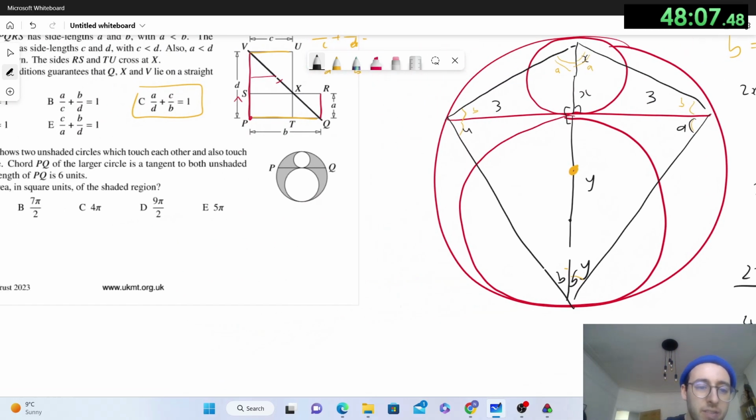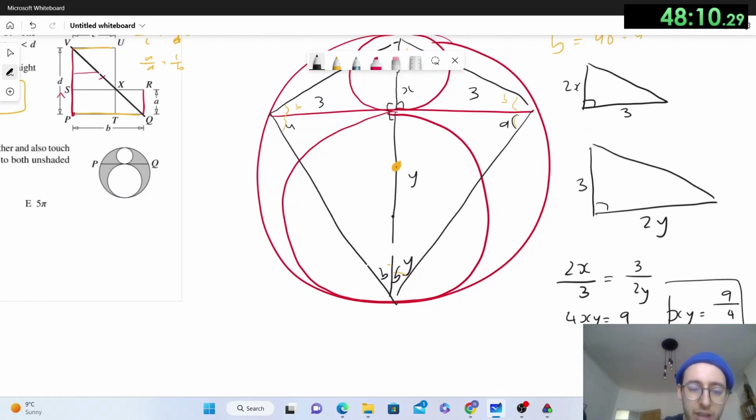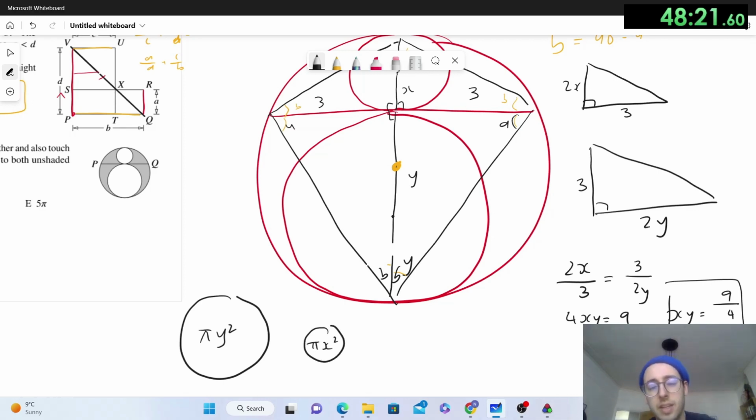The area of the big circle is pi times y squared, and the area of the little circle is pi times x squared. Now, for the area of the whole circle, we've got this length, this length, this length. This length is 3. Is that a similar triangle? Mate, there's a formula for finding the radius of a circle from two chords.